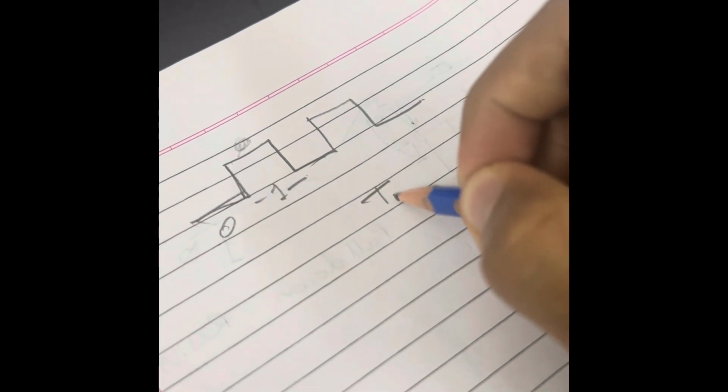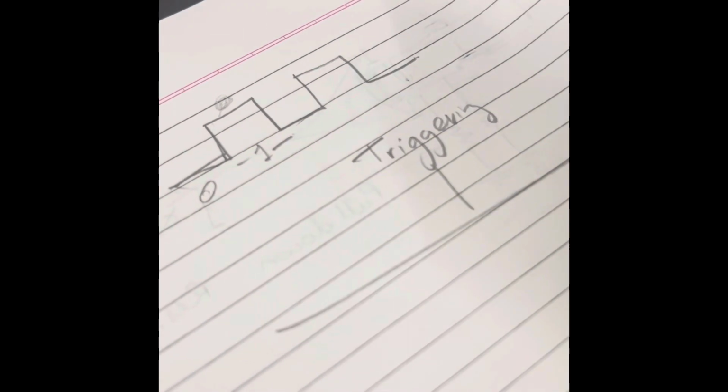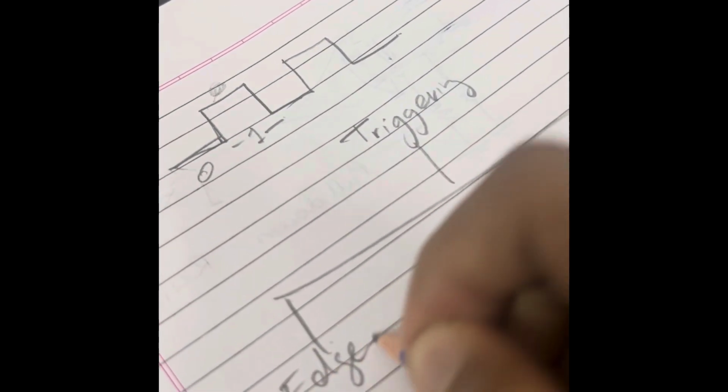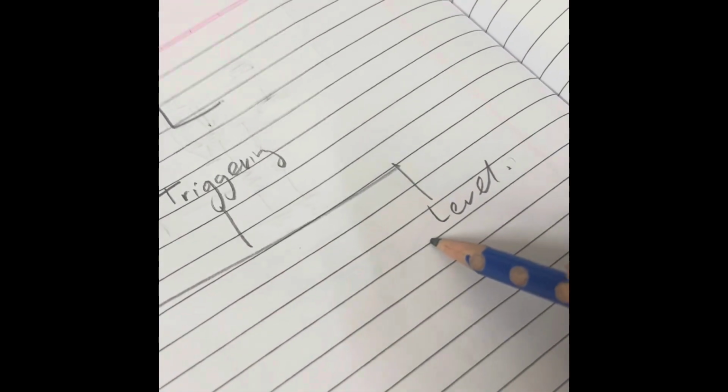So now let's discuss what the types of triggering are. These are the two main types of triggering, which are edge trigger and level trigger. Edge trigger consists of positive edge trigger and negative edge trigger. Level trigger as well consists of positive level trigger and negative level trigger.